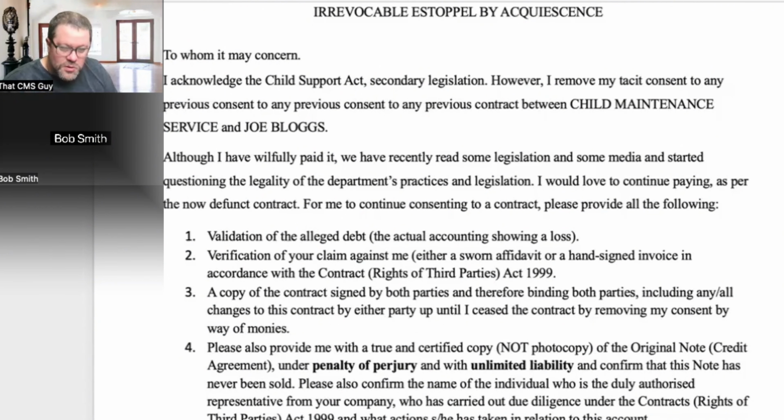He rings up the CMS, and then guess what? There's a contract between him and the CMS. The CMS then try and entice you into a contract with a service that you don't require, on the basis of resurrecting an old relationship that you've abandoned. And they try and resurrect it.